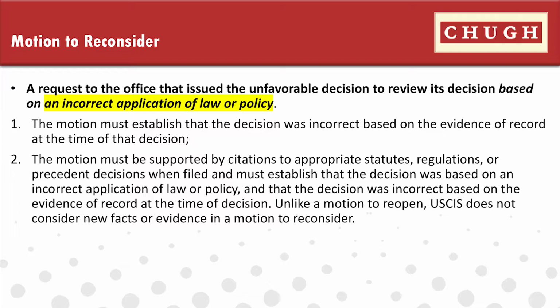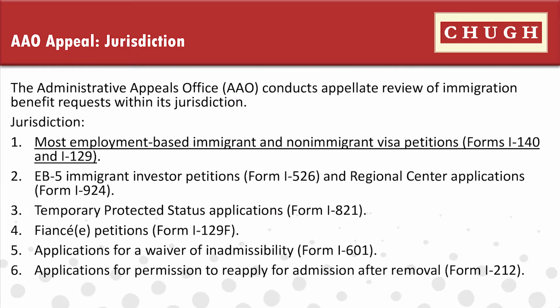What we usually see is I-140, I-129, most employment-based immigrant and non-immigrant visa petitions. This is what we usually file. And others like EB-5 related, the Form I-526 and also the Regional Center application, I-924. The third is temporary protected status application. Four is fiancé petitions.